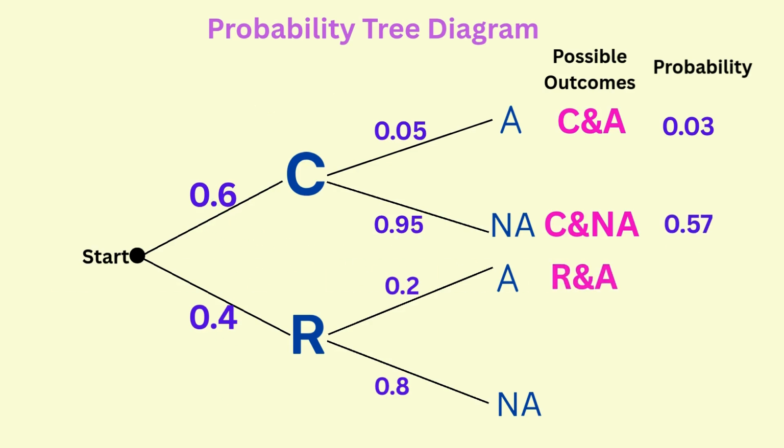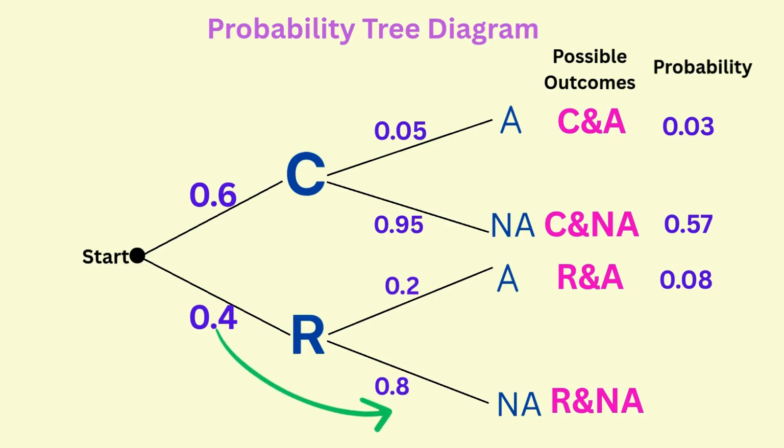The probability that a reckless driver will get into an accident is 0.4 times 0.2, which is 0.08. The probability that a reckless driver will not get into an accident is 0.4 times 0.8, which is 0.32.